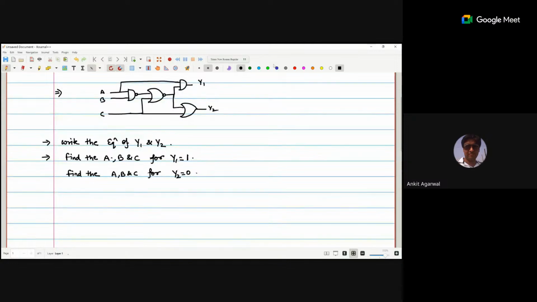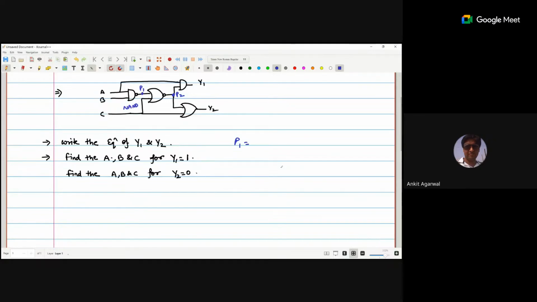When we solve this question, we define some intermediate points. We know three inputs are available, A, B, C, and two outputs, Y1 and Y2. But in between input and output, there are several other points. This point I call P1, and this point P2. We note down the equations for P1 and P2, and then we can calculate Y1. So P1 is what? Basically, this is the NAND gate.